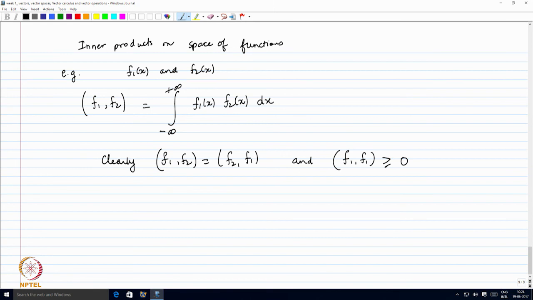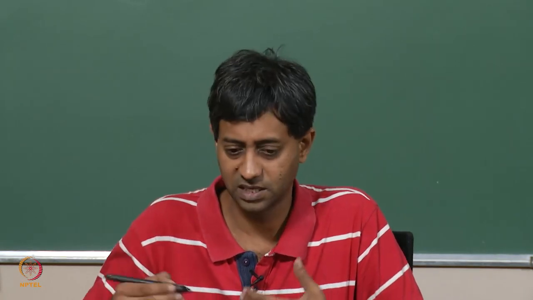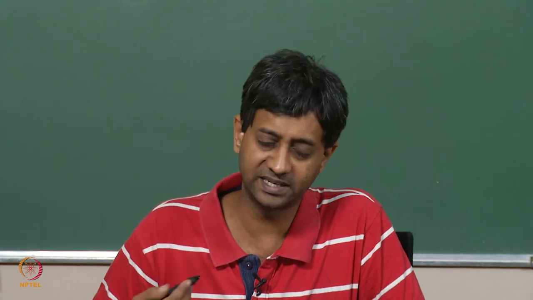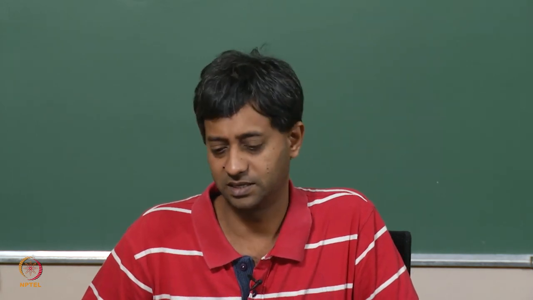And again such inner products are things that you will see very regularly in quantum mechanics. And what I have tried to show you in the first two lectures, through this idea of linear independence and basis, is that you can generalize the concept of vectors to greater than 2 or 3 dimensions. You can in fact go to infinite dimensions. You can look at spaces of functions, and you can look at all kinds of spaces.